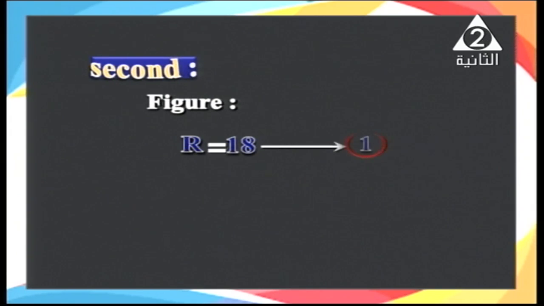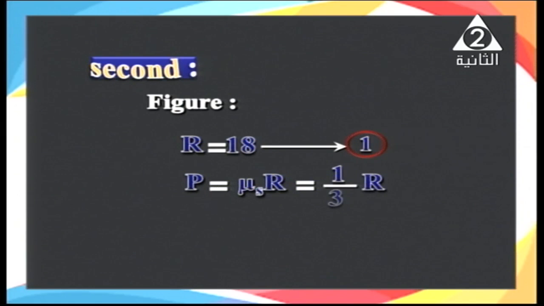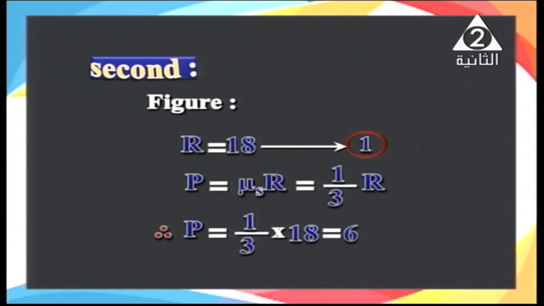This is equation number 1. Number 2, B equals mu s R. Mu s equals 1/3 times R. R equals what? 18. Then B equals 1/3 times 18 equals what? 6 kilogram weight. The second required: B equals 6 kilogram weight.